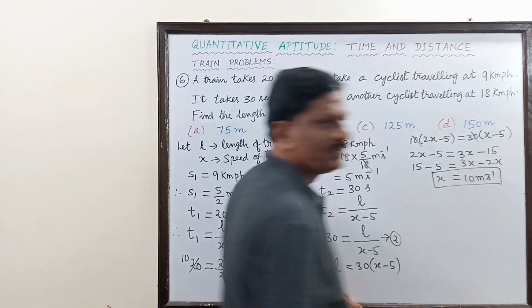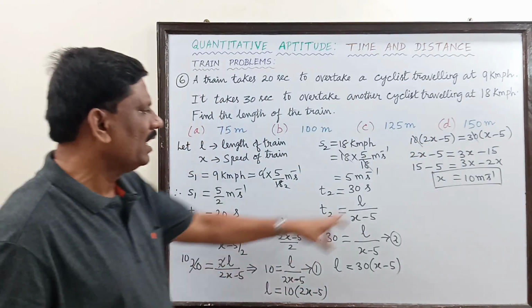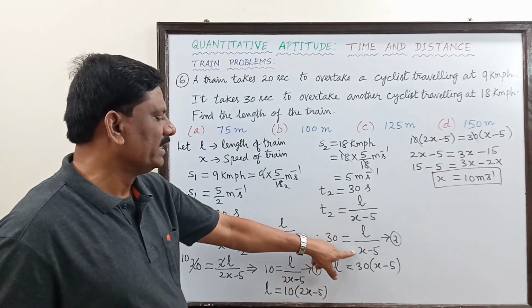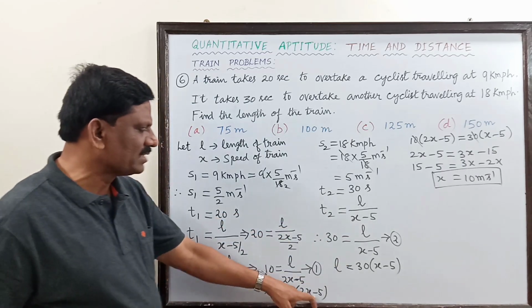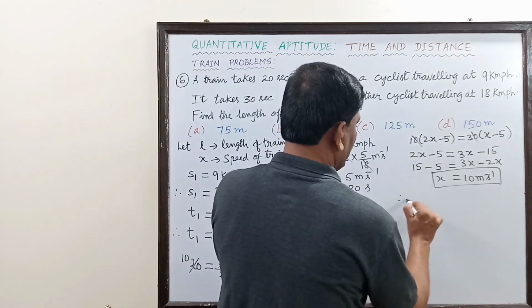After finding this speed, we can substitute the value of x in either equation 1 or equation 2. Here L is equal to 10 into 2x minus 5, or L is equal to 30 into x minus 5. We have to find the length of the train.